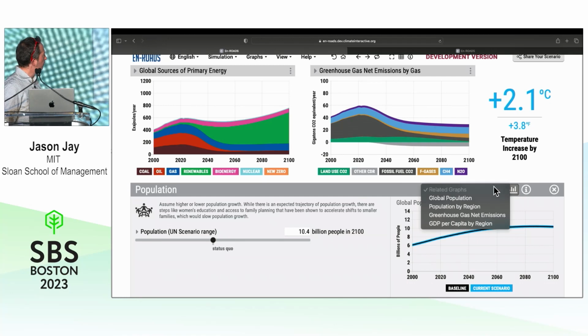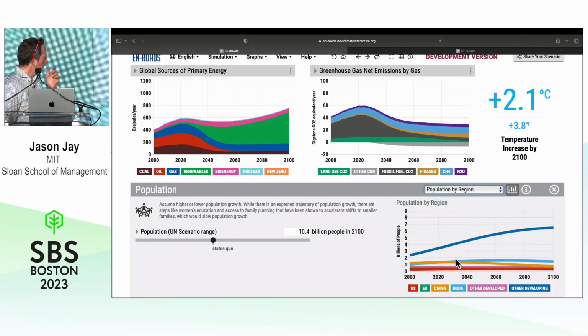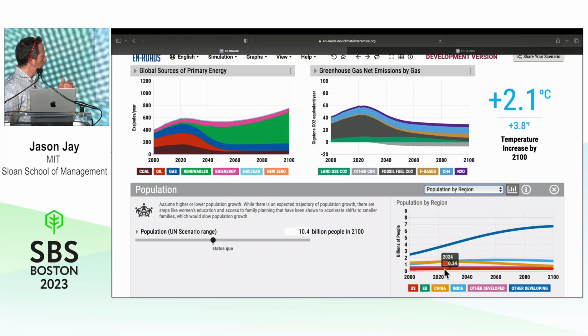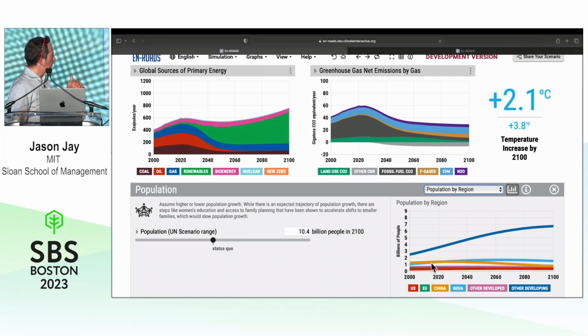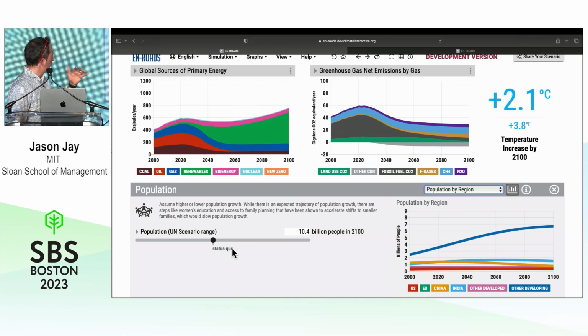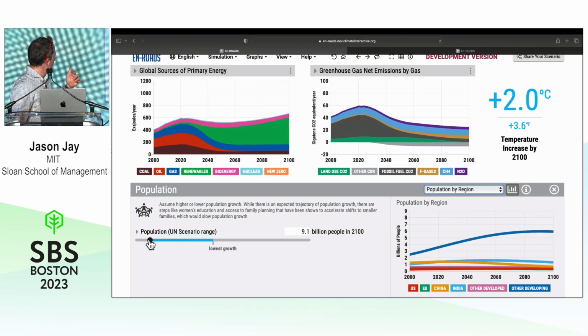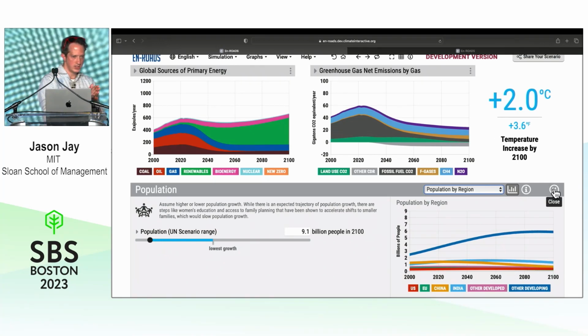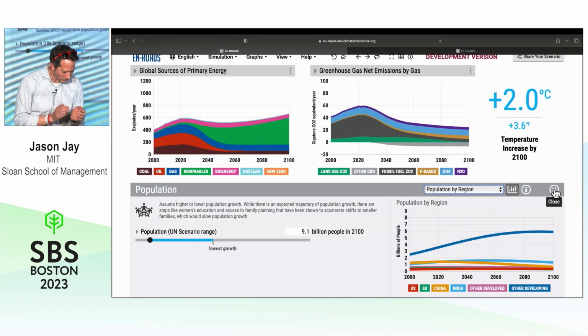If we look at, in fact, population by region, you can see that population is already leveling out and declining in US, EU, China, India, but in the emerging markets isn't. So we can reduce that using some of those ethical means that are SDG positive in a sense, and that gets us down to 2 degrees. That was the objective of the Paris Accord. So let's give ourselves a round of applause.